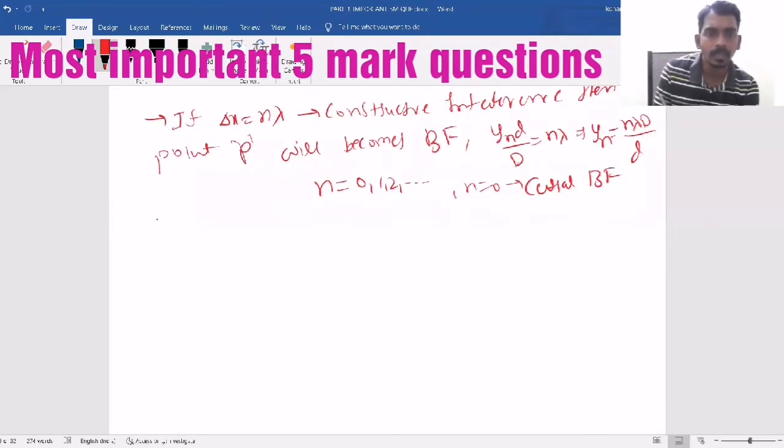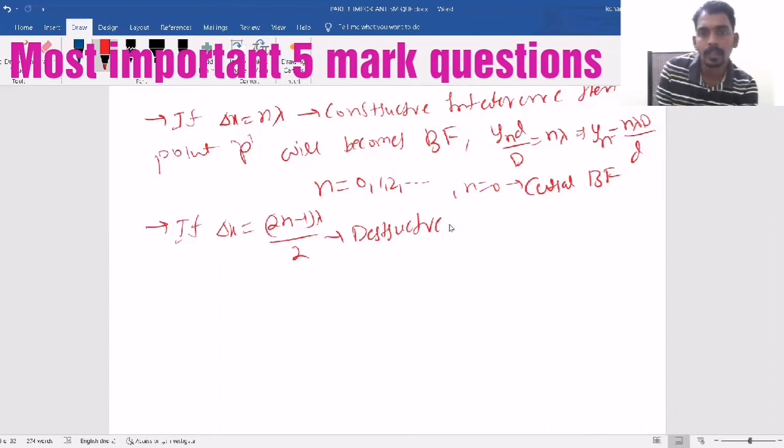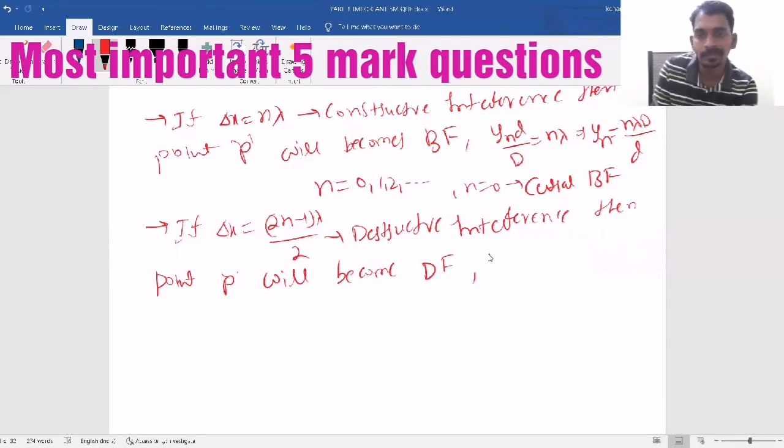Now, in a similar way, if delta x equals (2n minus 1) lambda by 2, then it is called destructive interference. In that case, point P will become a dark fringe, that means zero intensity.